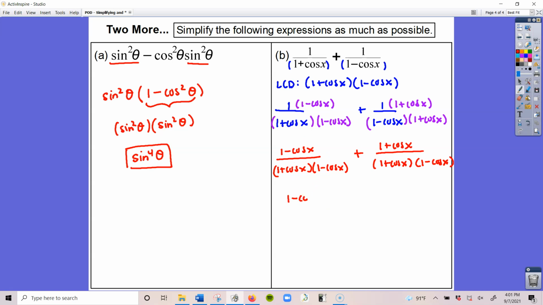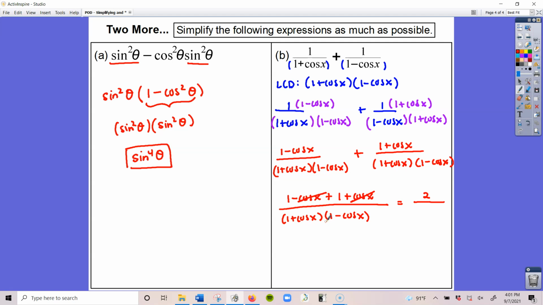So 1 minus cosine x plus 1 plus cosine x all over 1 plus cosine x, 1 minus cosine x. If you look at the numerators, the cosines will cancel. And I'm left with 1 plus 1, which is 2, over, now let's multiply these out.